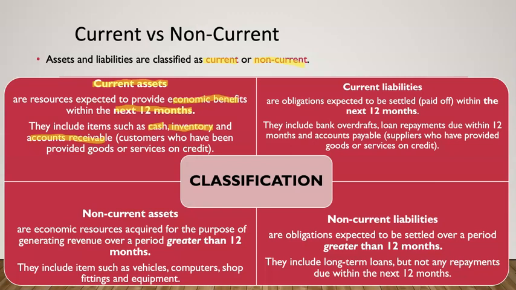Now, by the end of Unit 3 and 4 accounting, you'll know many other current assets as well, but that's the simple premise. Non-current assets are assets that we're not going to get their benefit for within the 12 months because we're going to have it for more than the 12 months.